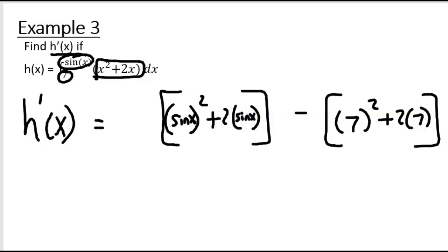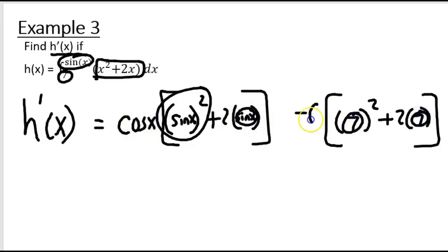All right. Now, we also need to multiply by the derivatives of the insides. Okay, so here we go. For this one, we have to take the derivative of the inside there, so that's going to be cosine x, right? Derivative of sine is cosine x. And in this case, what's the derivative of 7? Well, that's 0.